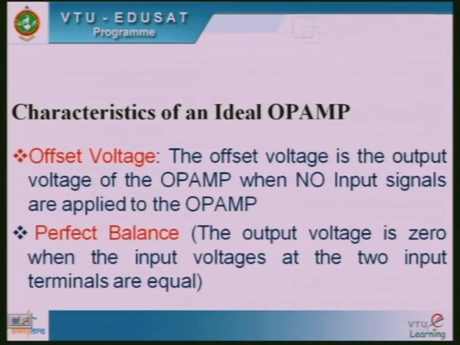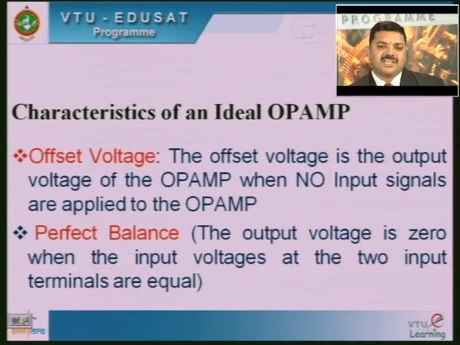One more important characteristic of an ideal op-amp is that it has a perfect balance. An ideal operational amplifier is perfectly balanced. What is perfectly balanced? The output voltage is 0 when the input voltages at the two input terminals are equal.